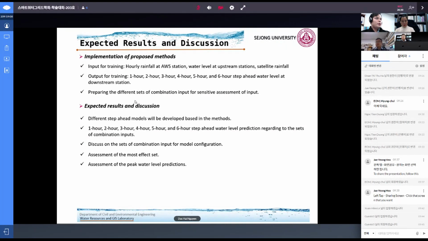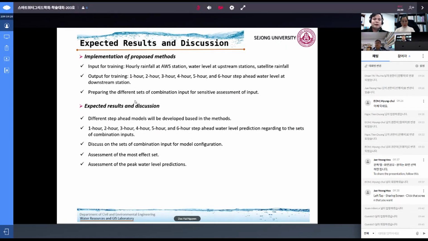And here I will discuss the sets of combination inputs for model configuration, and we can find the most effective set in the basin.